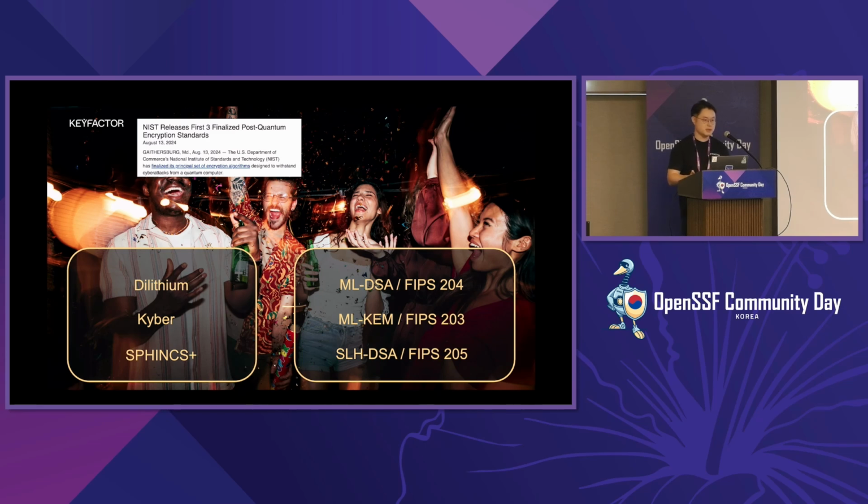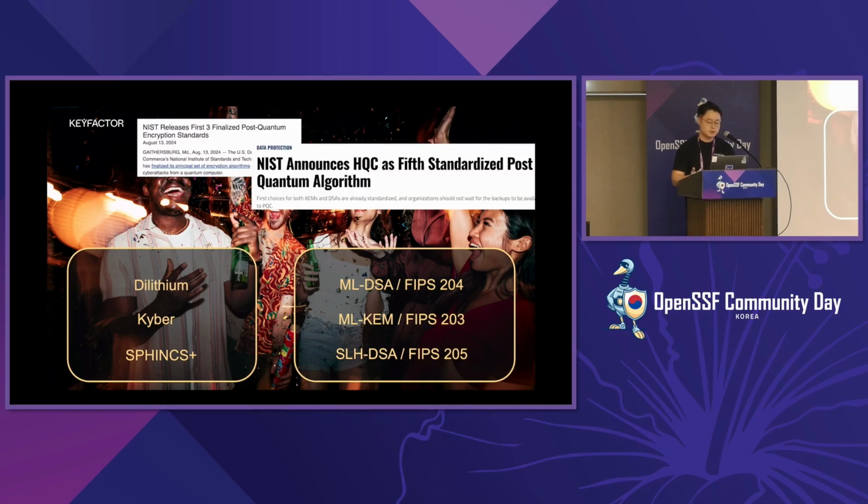ML-DSA is based on module lattice-based algorithms, and ML-KEM also uses module lattices, but for encryption. They are also adding more algorithms like HQC as a backup in case ML is not working or is broken in the future. So these are alternative options that are also quantum safe.